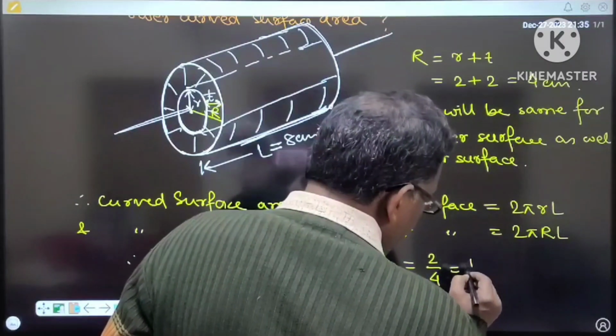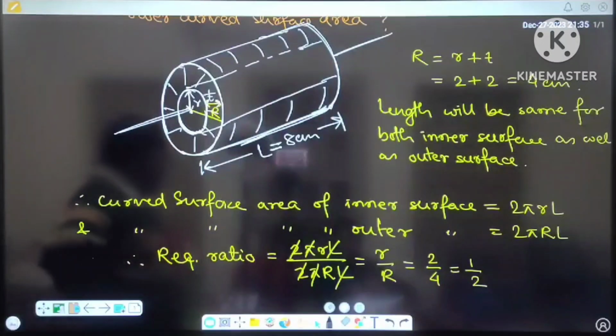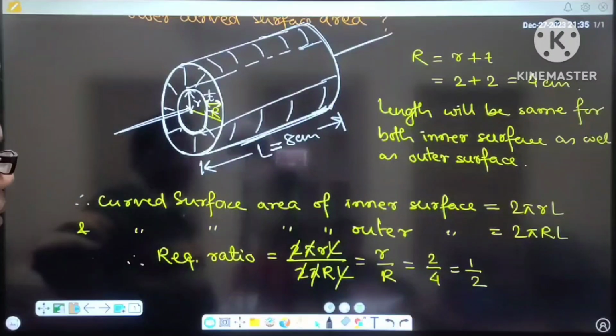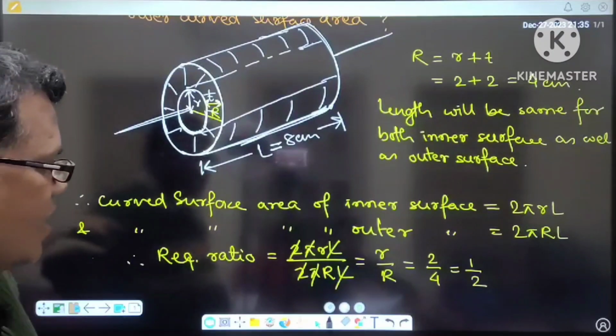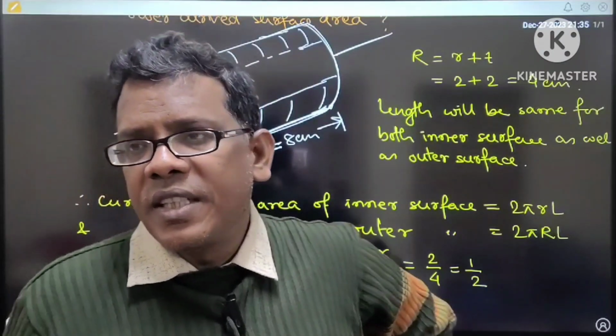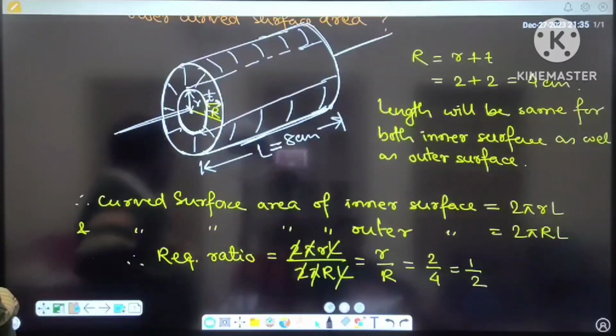So the ratio is coming 1 by 2 or 1 is to 2, right? So that means the outer curved surface area is twice that of the inner surface area, isn't it?